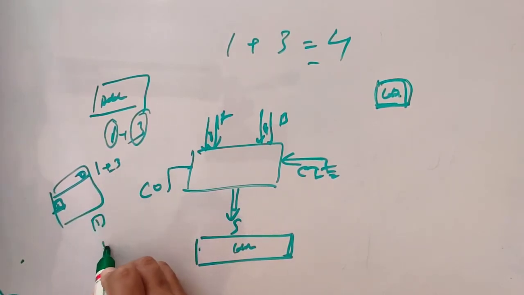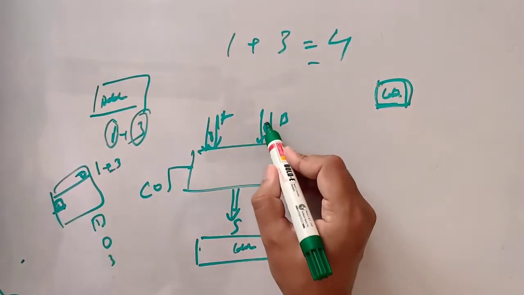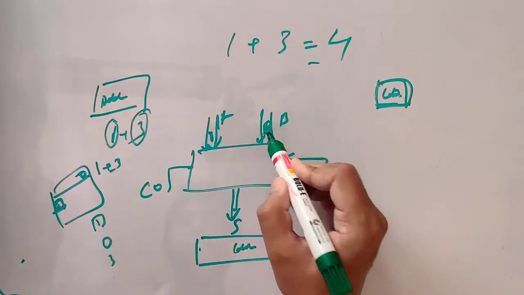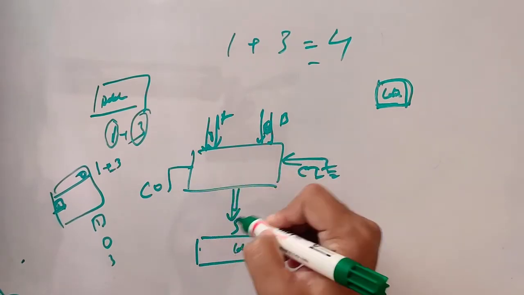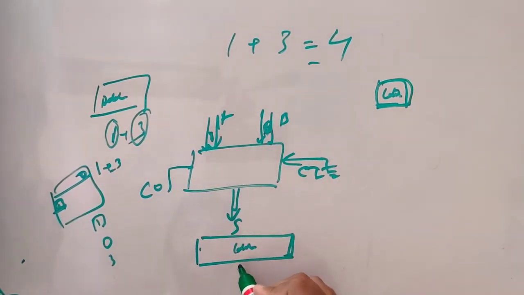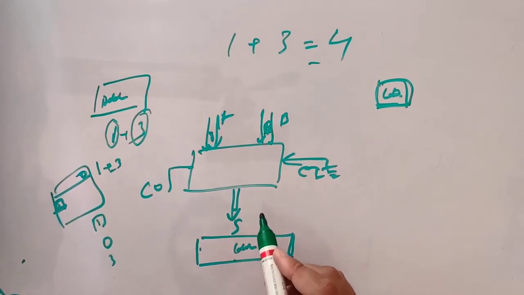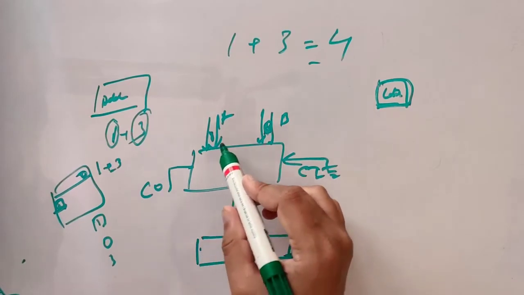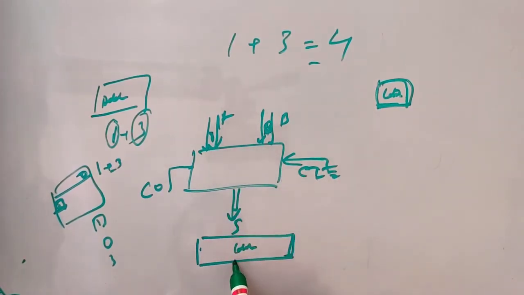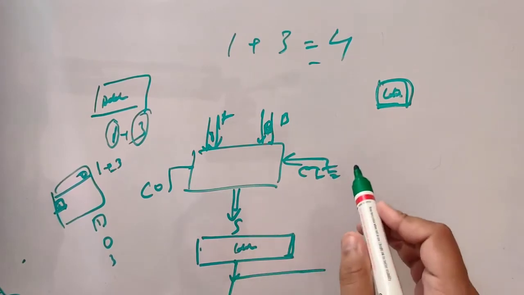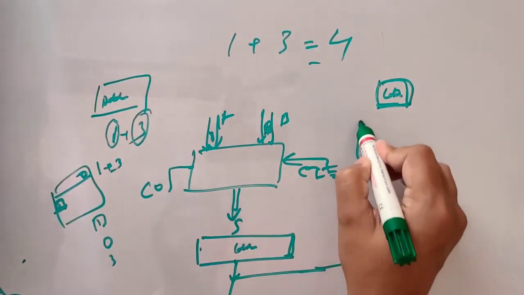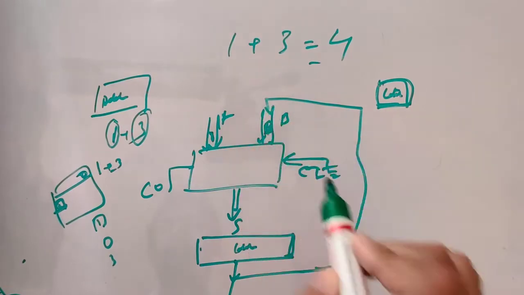When we press 1 or 3, there is only one input. So this B input has to be pre-fed. That means the output of the latch can go to B.